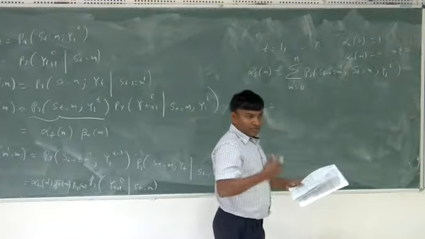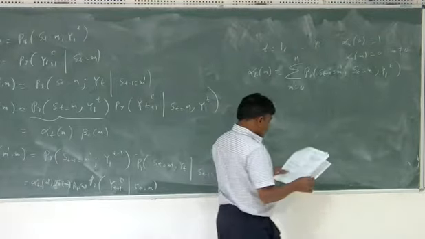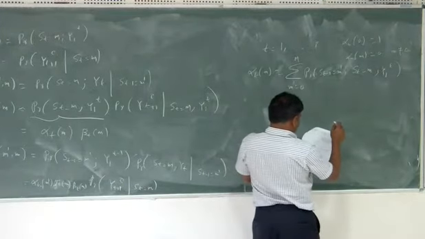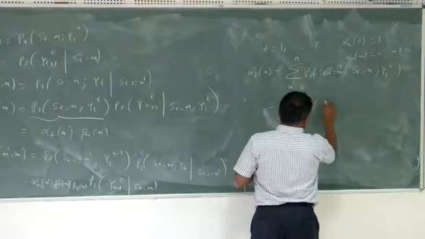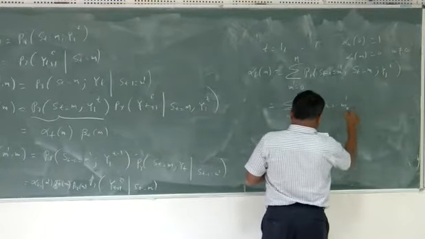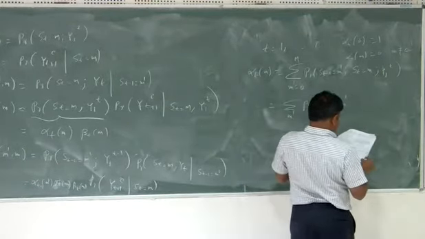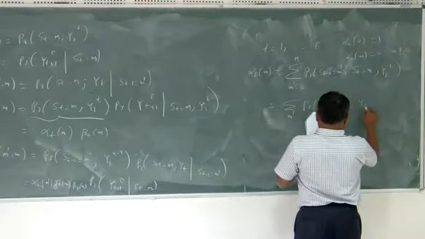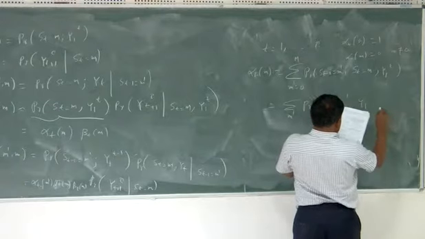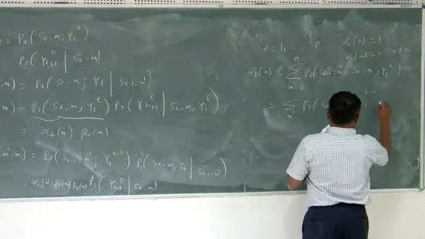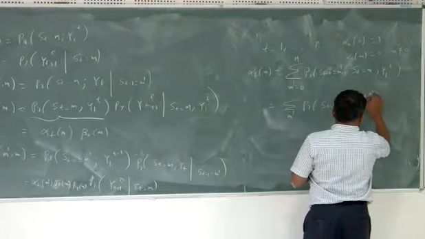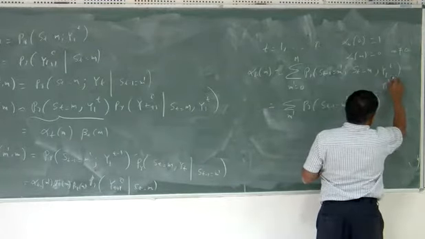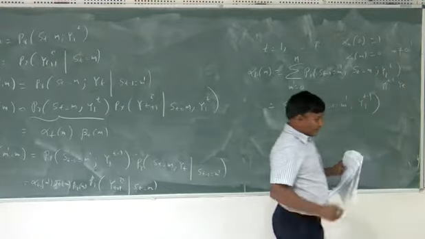Then, as usual, they will repeatedly apply Bayes' rule. Okay, this y1 to t, you write it as y1 to t minus 1 and yt.